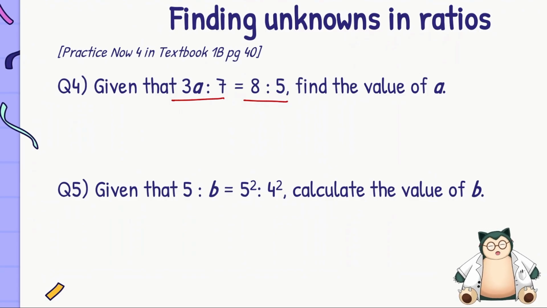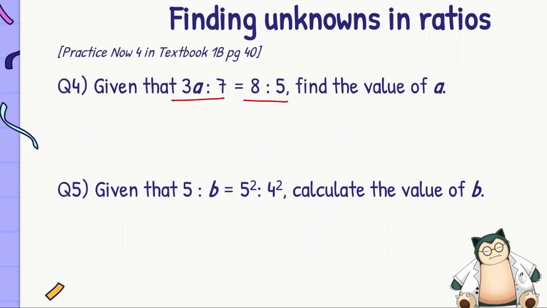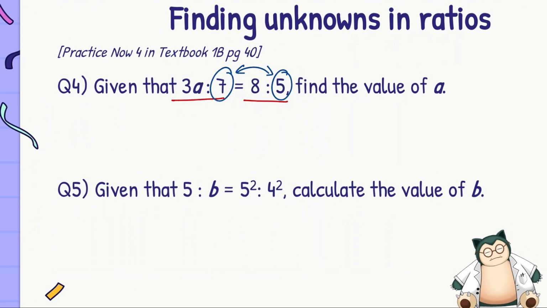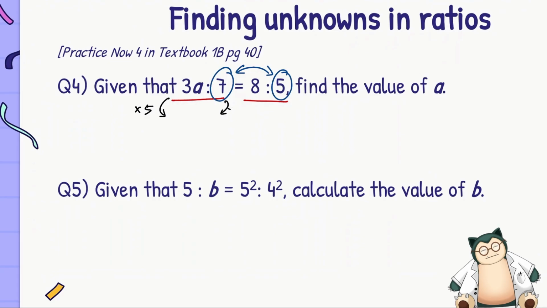Okay? So our job is to make 7 and 5 the same value. And how do we do it? You remember back in our primary school days, we just multiply by each other. So on the left side, we're going to multiply by 5 on both sides.